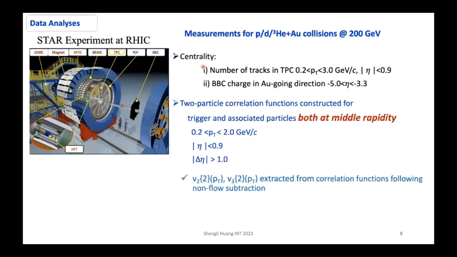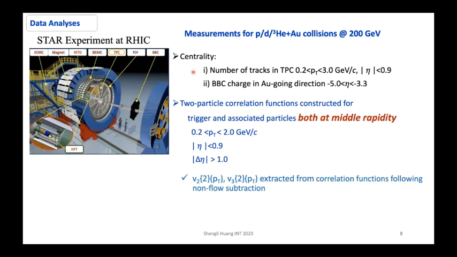Now we can see that measuring the two particles both at mid-rapidity has a lot of advantages to avoid the decorrelation, and we can also properly suppress the non-flow and estimate the non-flow to do the subtraction.